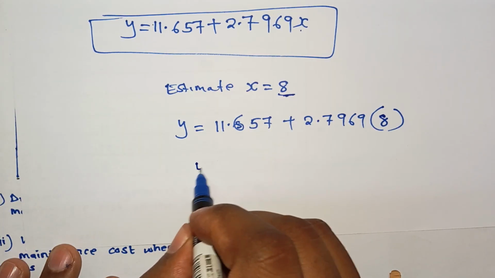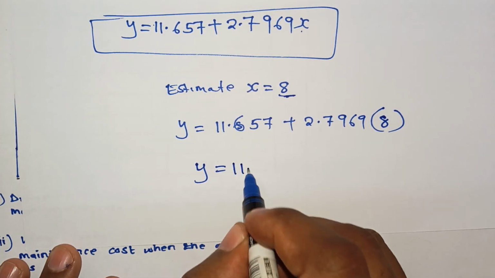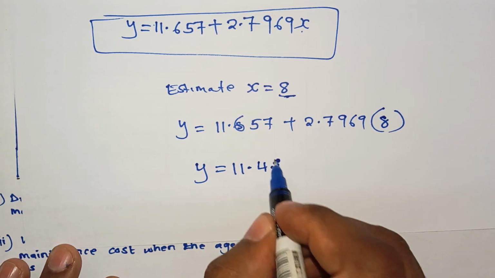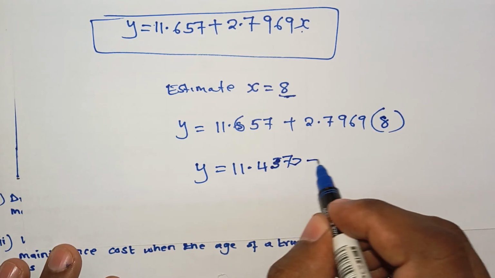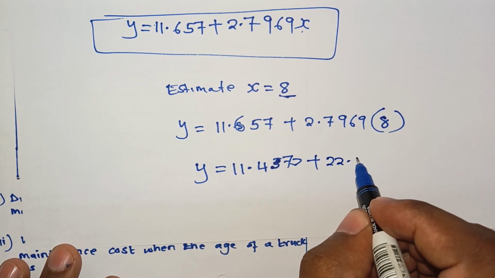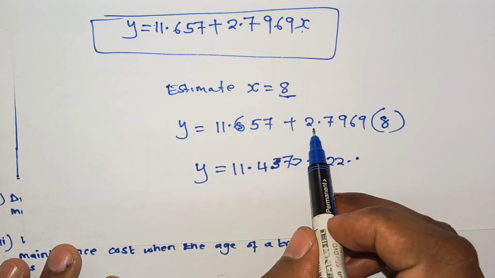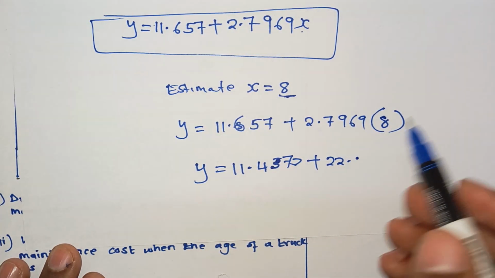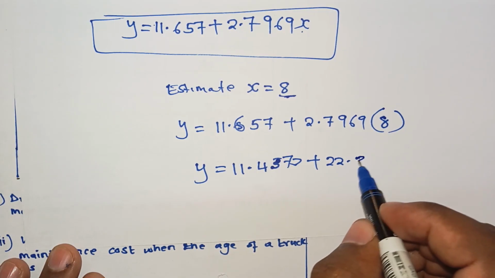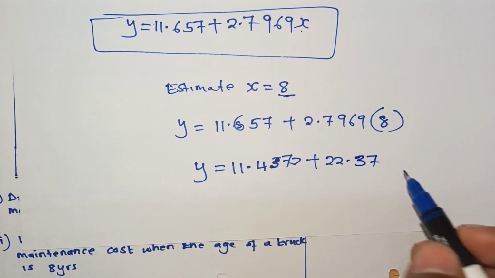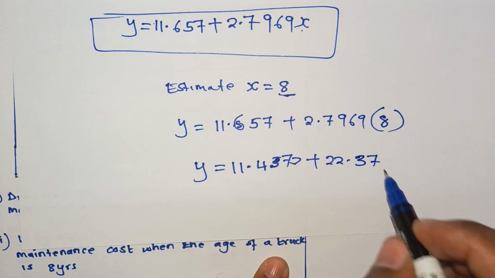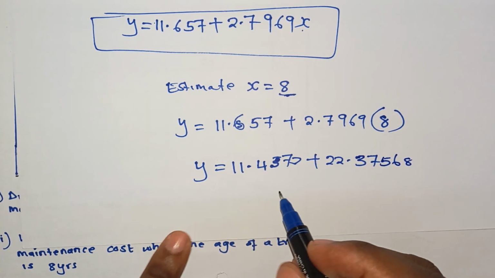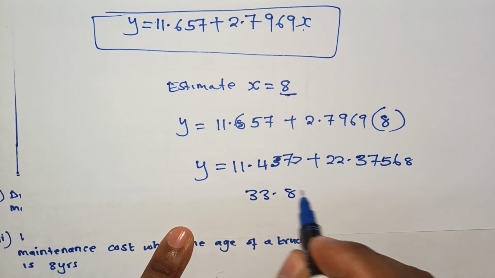So y is supposed to be 11.657. You add 22.37568 because 2.7969 times 8 gives you 22.37568. Once you add these you will get 33.83.